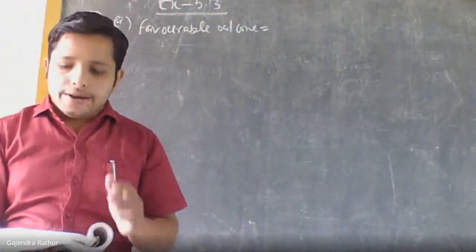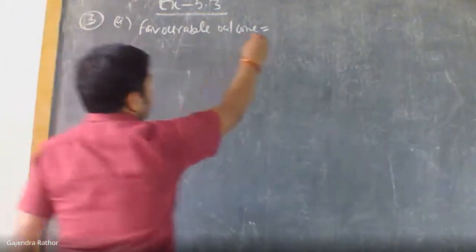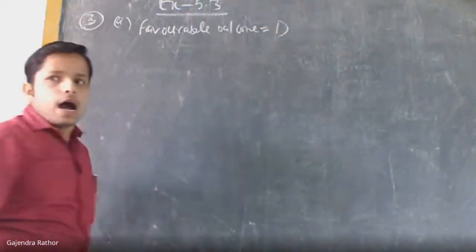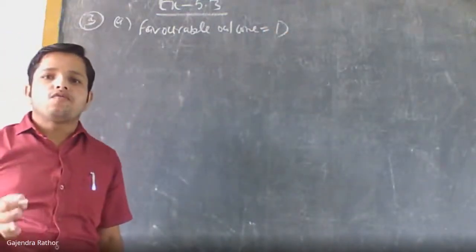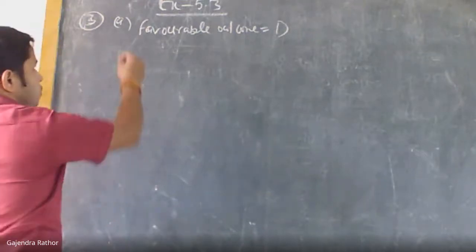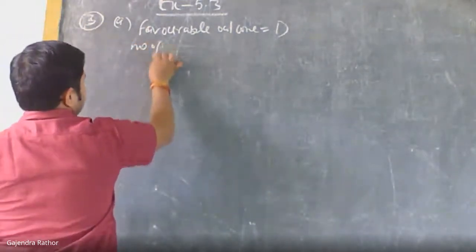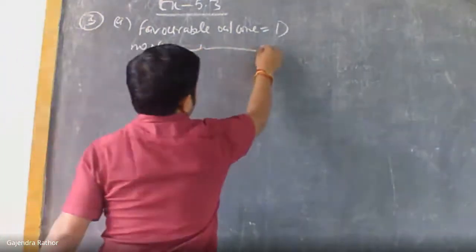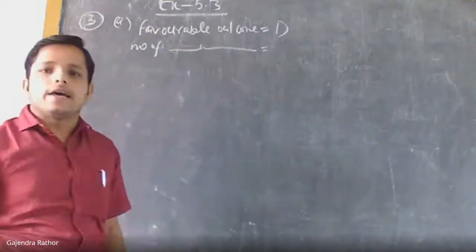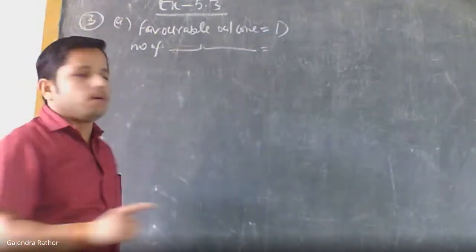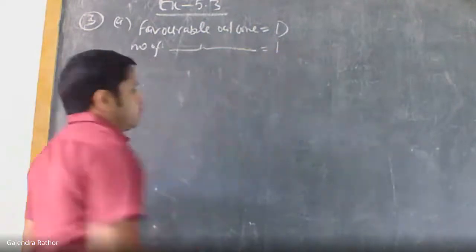We need only D. So our favorable outcome is D. After that, what is the number of favorable outcomes? There is only one favorable outcome, so the number is 1.